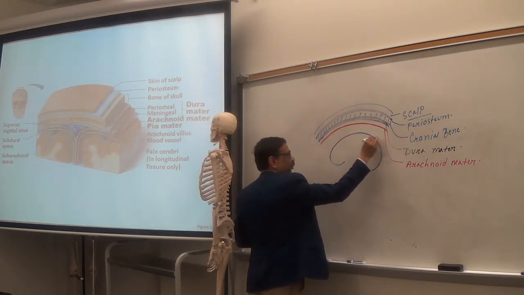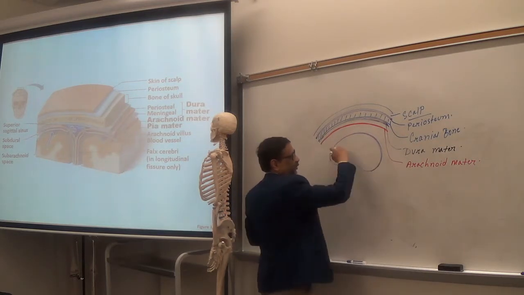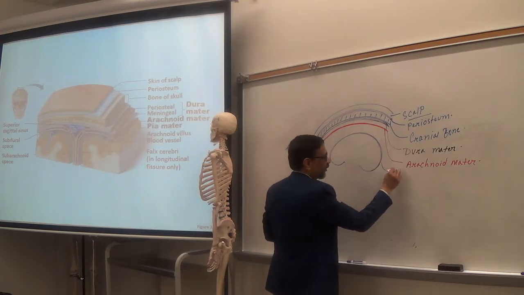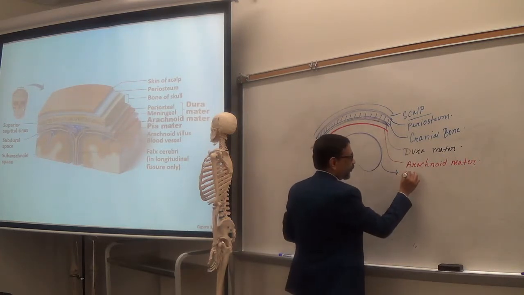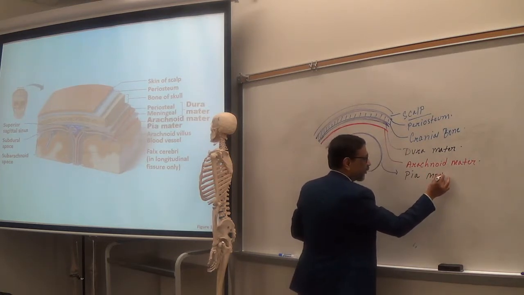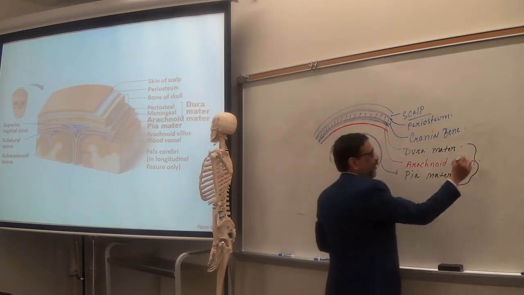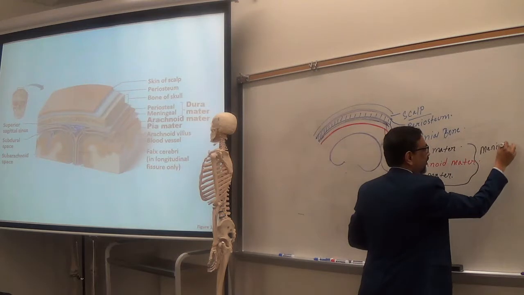So this is the innermost thin layer of meninges attached to the surface of the brain, and that is called the pia mater. So these three are meninges.